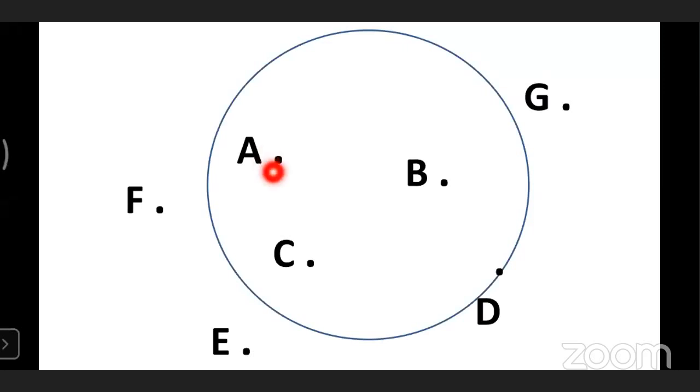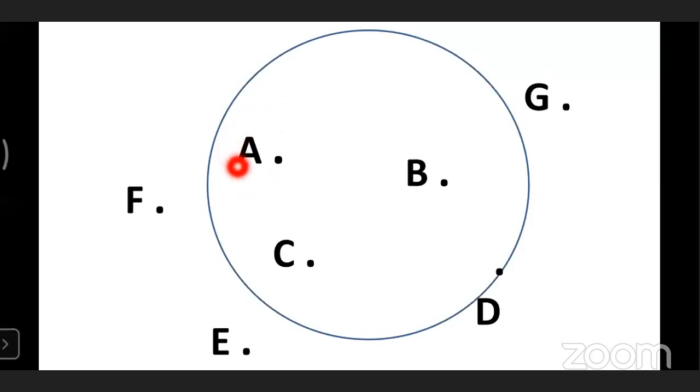Point A, point B, point C, point G, point D, point E, and point F. These are the points, right? Now tell me, point A, is it interior or exterior? Inside the circle or outside the circle?